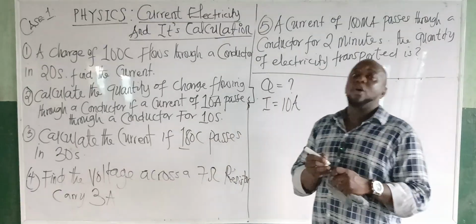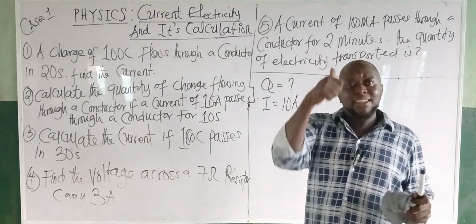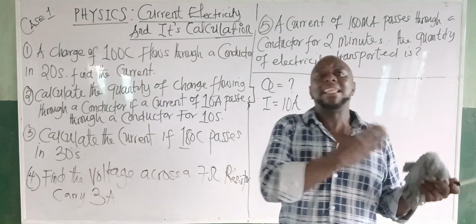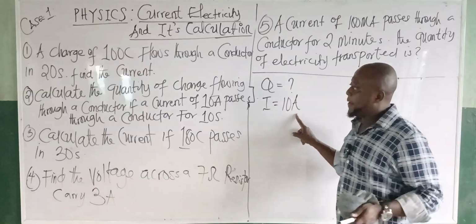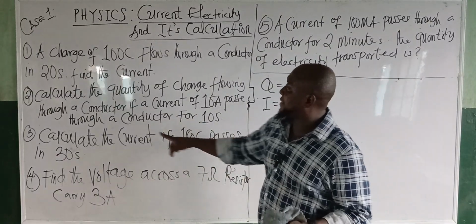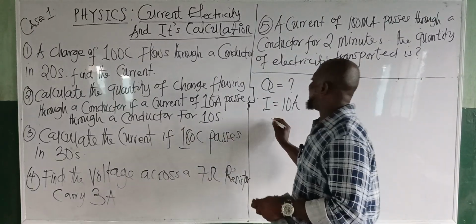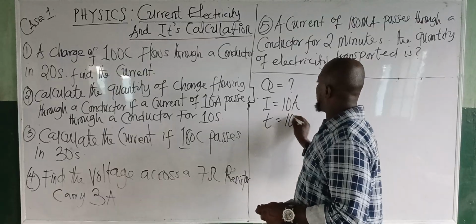Remember, I told you that current is measured in ampere, we just take the first capital letter, A. So the current passes through a conductor for 10 seconds. So time has also been given.